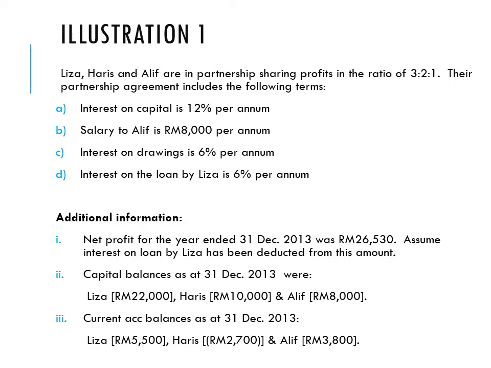The net profit for the year ended 31st December 2013 was 26,530. Assume interest on the loan by Lisa has not been deducted from this amount. Capital balances as at 31st December were Lisa 22,000, Haris 10,000, Alif 8,000. Current account balances as at 31st December 2013 were Lisa 5,500, Haris 2,700, and Alif 3,800.